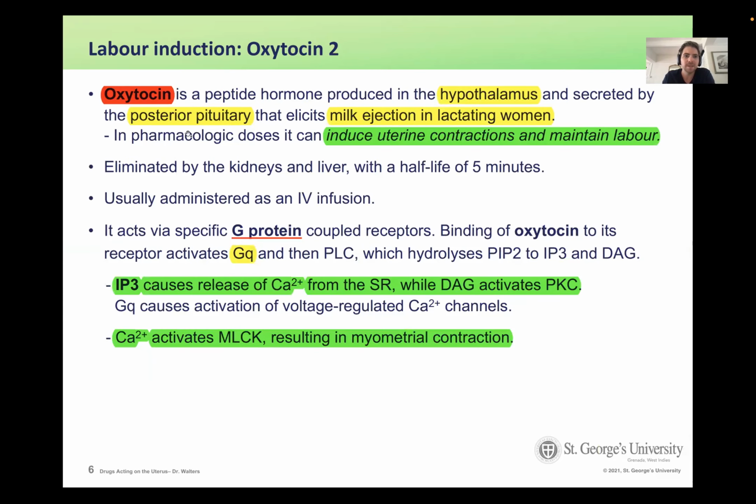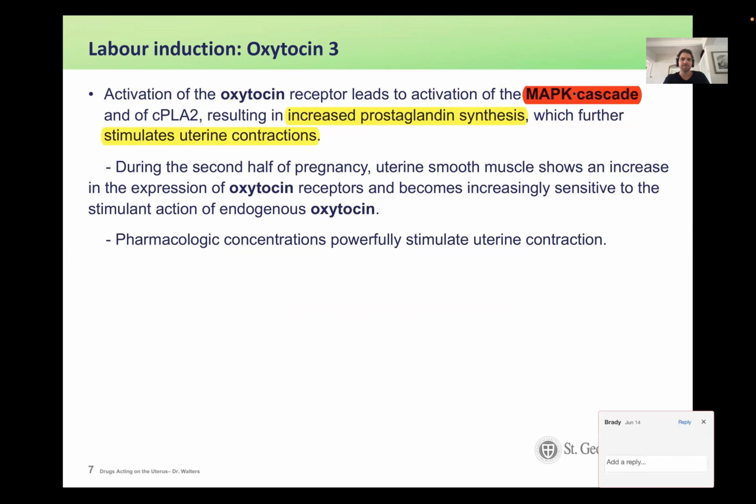They use that a lot. As you know, coming from the posterior pituitary, it will also help with milk ejection, so milk letdown. Prolactin will help with milk production, and oxytocin will cause milk ejection.